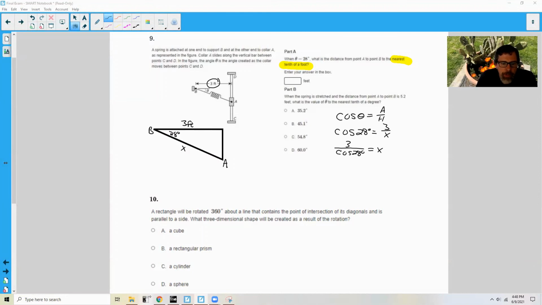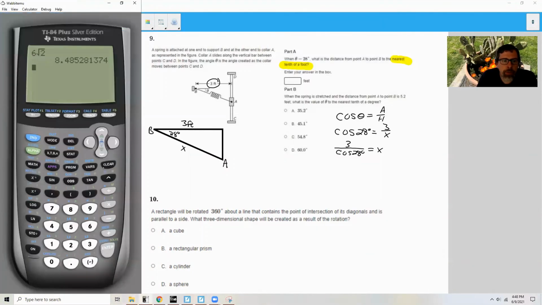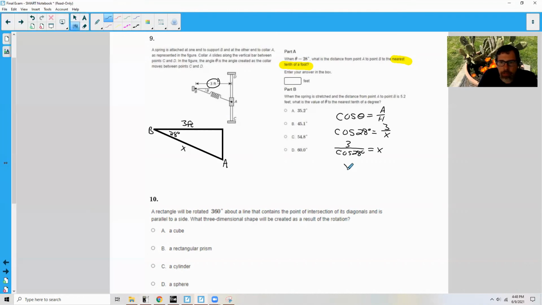And I get my calculator out. Okay, and I will make sure mode is in degrees. Don't want radians, you'll get it wrong every time. 3 divided by cosine 28 equals 3.397.